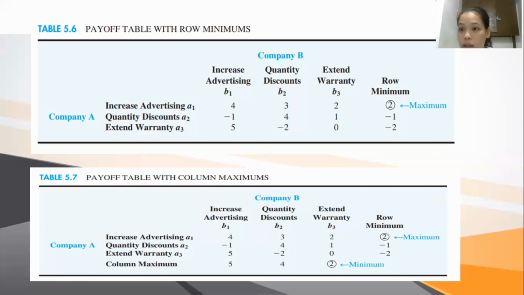Thus, after evaluating these values, company B selects B3, the extend warranty, as its optimal strategy, because it guarantees company B that there will be no decrease of more than 2% to the market share.